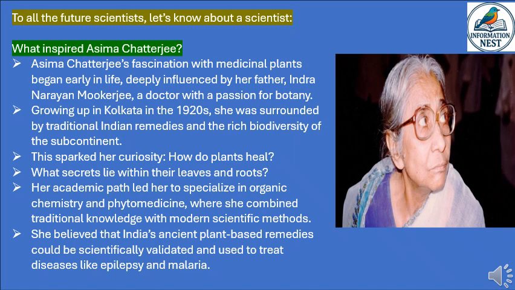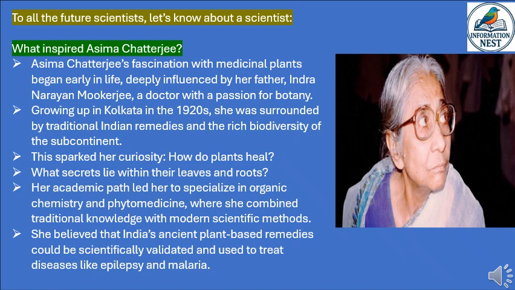And her scientific path was fueled by her early fascination. Asima pursued organic chemistry and phytomedicine, the science of plant based medicine. She believed that India's ancient remedies weren't just folklore, they were scientific treasures waiting to be explored.